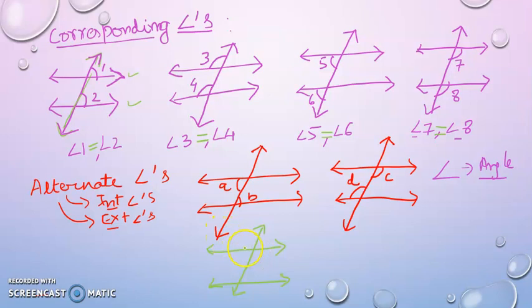Exterior means outside, so this angle and this angle, A, B, C, D, E and F. Similarly here, alternate exterior, this means outside, so this angle and this angle are alternate exterior. You should keep this in mind, students. These are the different types of angles which we will be using.